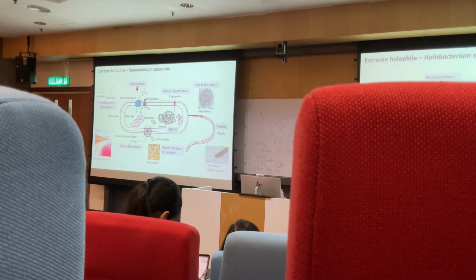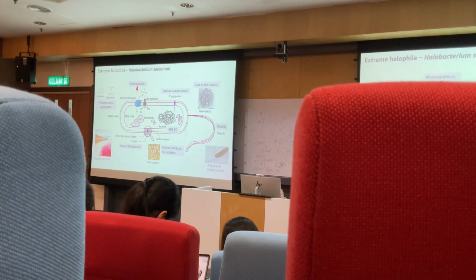The reason is that when the protein is present in a high salt environment, more or less the protein will start to aggregate. In order to make the protein not aggregate, we need to make the protein soluble. How to make the protein soluble?